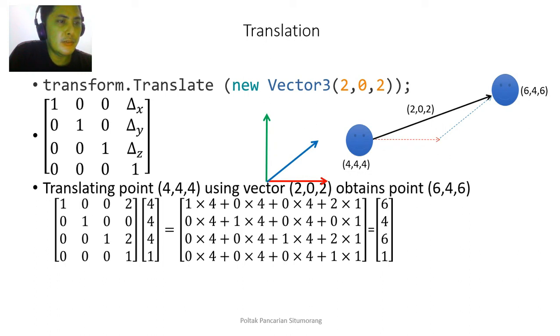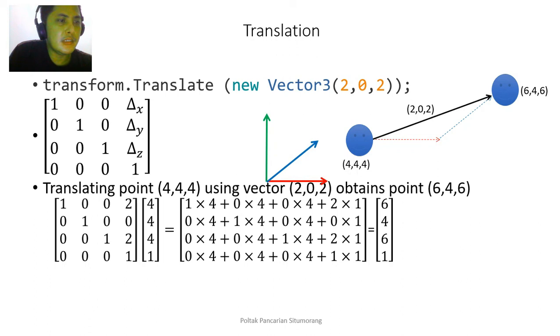This command will move the object 2 units to the right along the x-axis and 2 units forward along the z-axis. This 4 by 4 matrix can be used to perform translation where the triangle values are the x, y, and z translation. Earlier we noted that sometimes a 3D point such as (4, 4, 4) is represented as (4, 4, 4, 1).